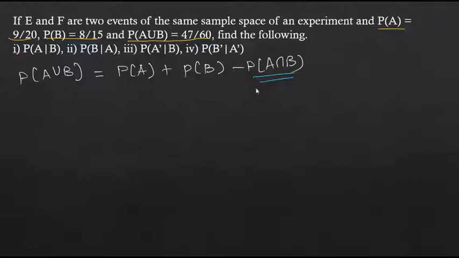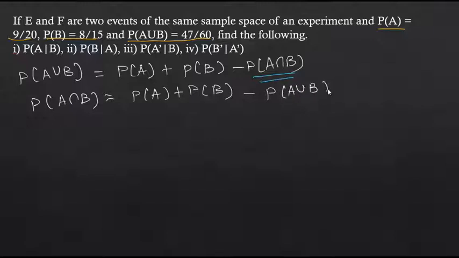Now we can take the probability of A intersection B as probability of A plus probability of B, minus probability of A union B.